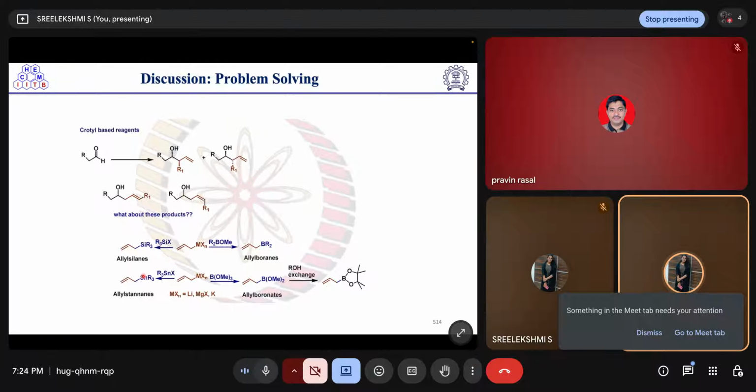Now if we take these allyl compounds and treat them with trialkyl silyl halides, we will get this allyl silane. Correspondingly we can prepare allyl boranes, allyl stannanes, and allyl boronates.